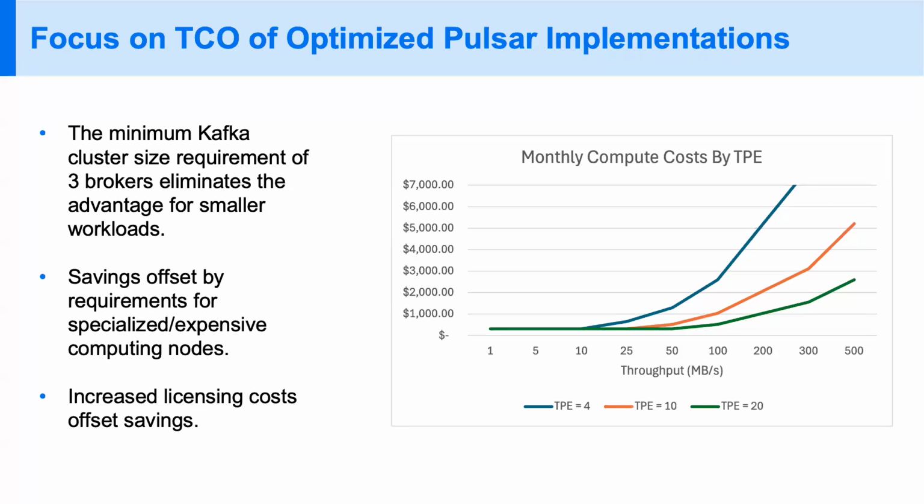Another thing to consider is increased licensing costs for these optimized solutions, right? They may offset these infrastructure cost savings. If I'm a vendor, I want to monetize as much as I can based on your workload. That's generally how the business model works.